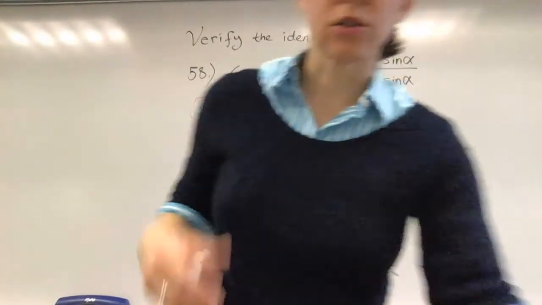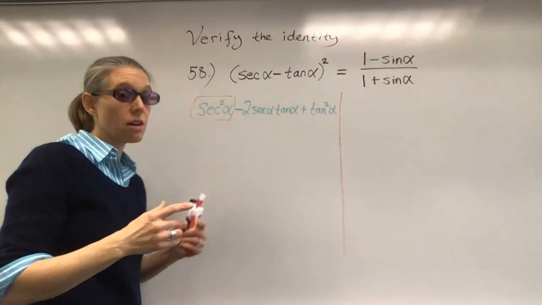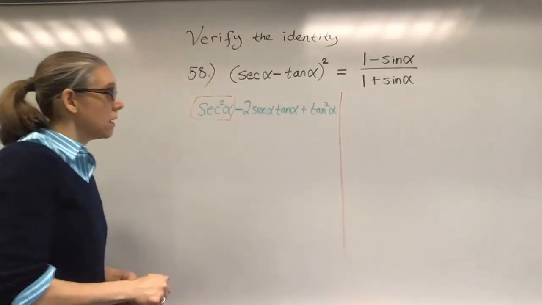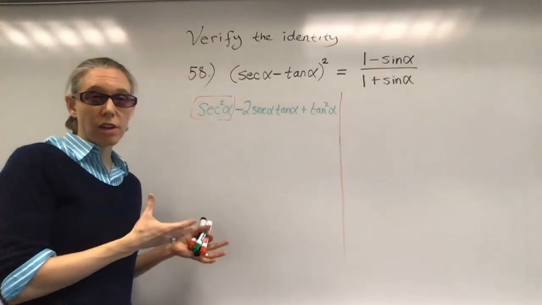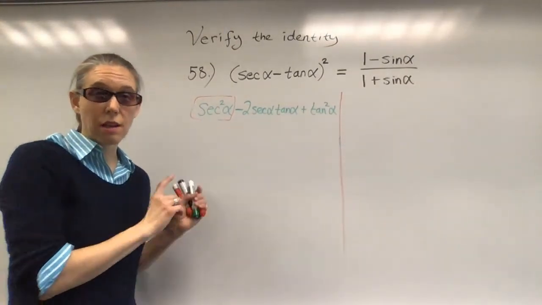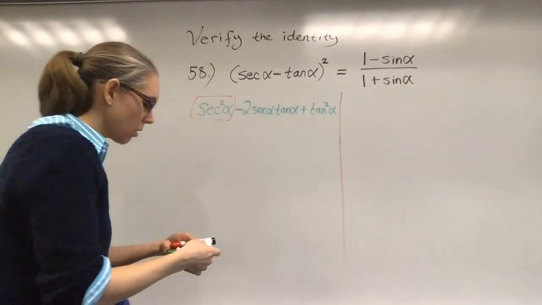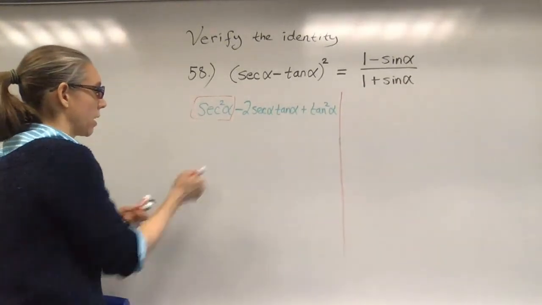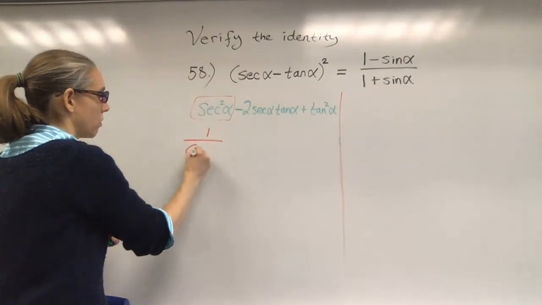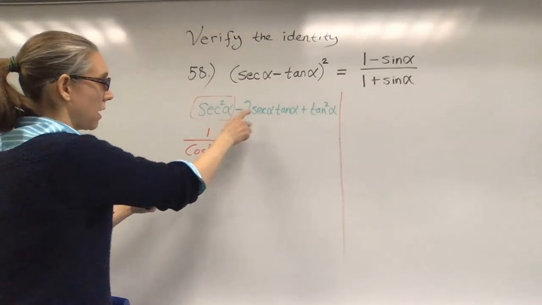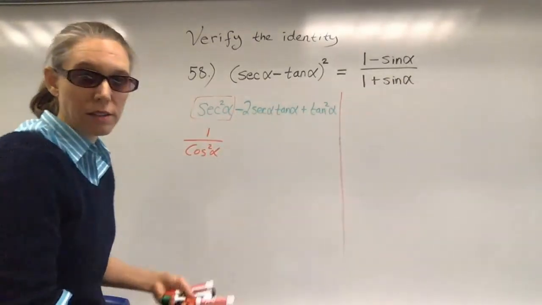So another alternative substitution, because there are a good number of different possible substitutions you can try, is if the Pythagorean identity substitution doesn't work, then I would try going for fractions instead. So I'm going to rewrite secant squared as 1 over cosine squared, and I'm going to write each of these also as fractions.